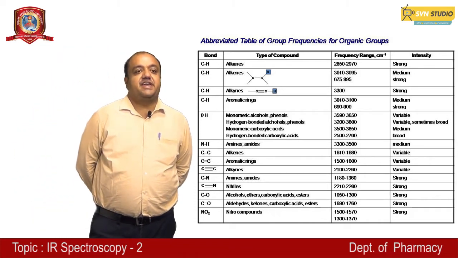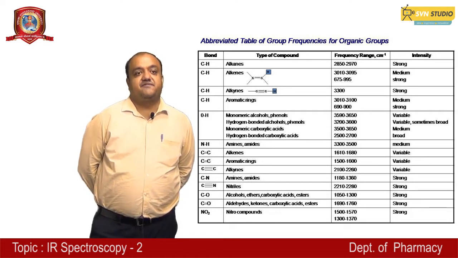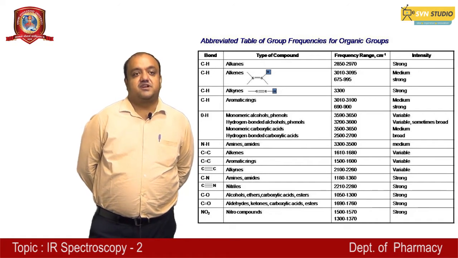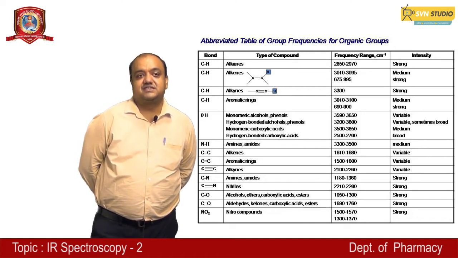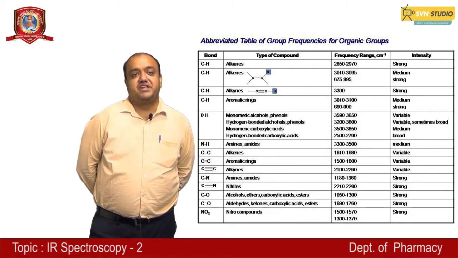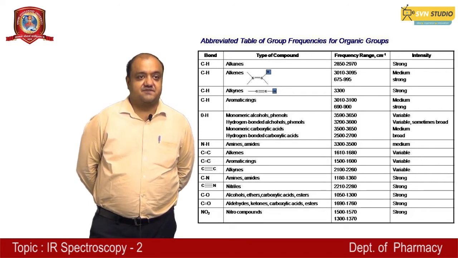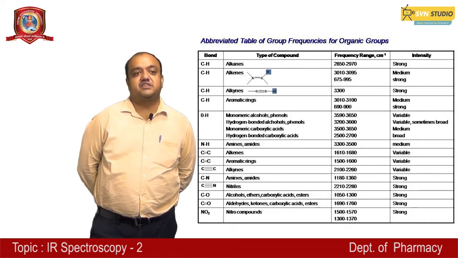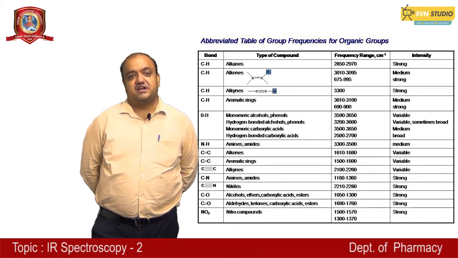Another compound class is alkene, with C=C and C-H stretchings, and the frequency region is 3010 to 3095, and it gives two peaks, and another peak at 675 to 995, and this gives medium and strong intensity bands. Another is C-H, which is involved in the alkyne group, which absorbs at 3300 cm⁻¹, and it gives a strong intensity band.